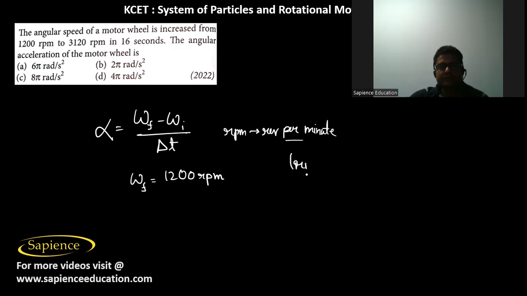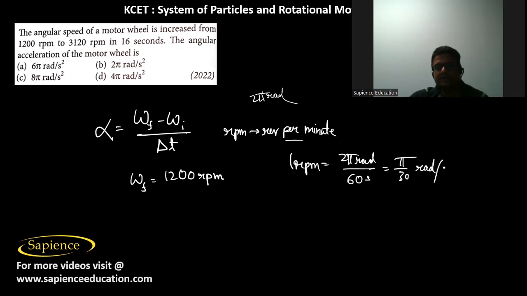So 1 RPM means that in 1 minute it will cover 2 pi radians. So it is 2 pi radian in 1 minute, means in 60 seconds. So it means it is pi by 30 radian per second. Pi by 30 radian per second means 1 RPM.